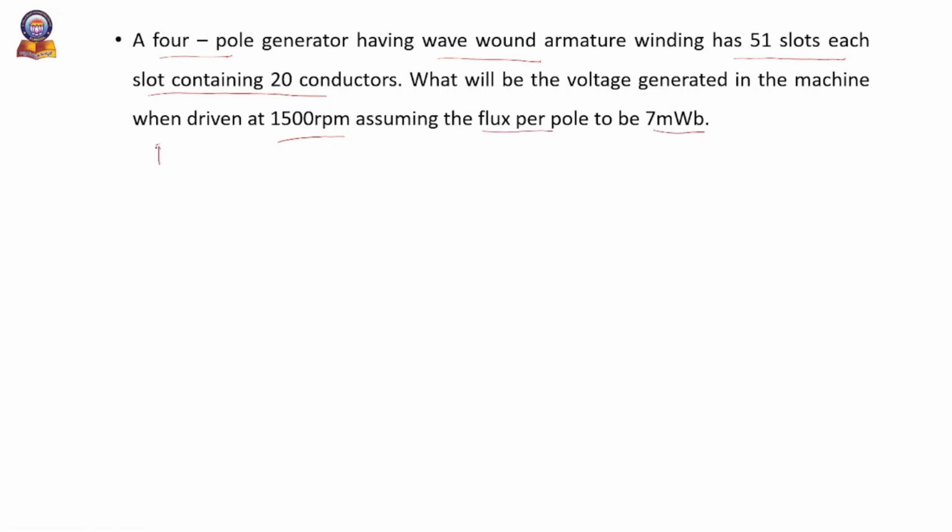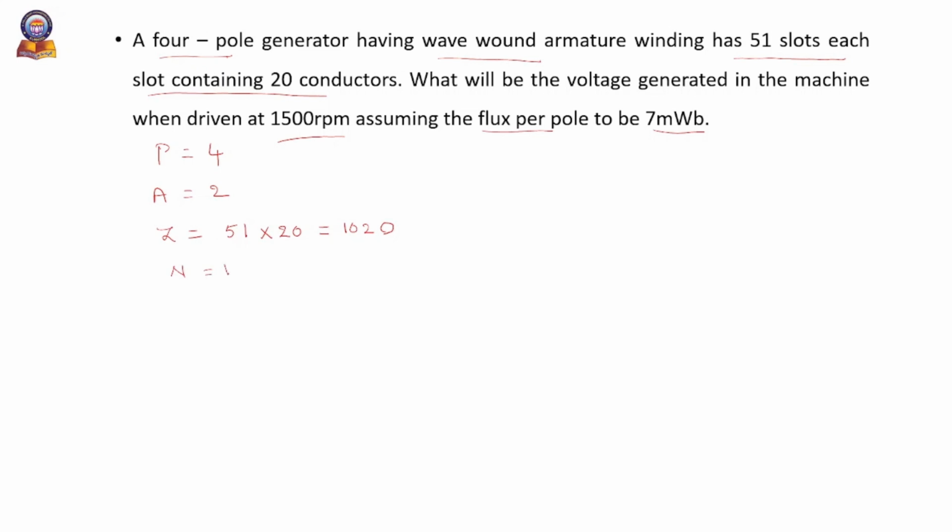So given data, P is 4, wave wound, so A is 2. So calculate the conductors. 51 slots, each slot contains 20 conductors, so it is 51 into 20, that is 1020 are the total number of conductors.